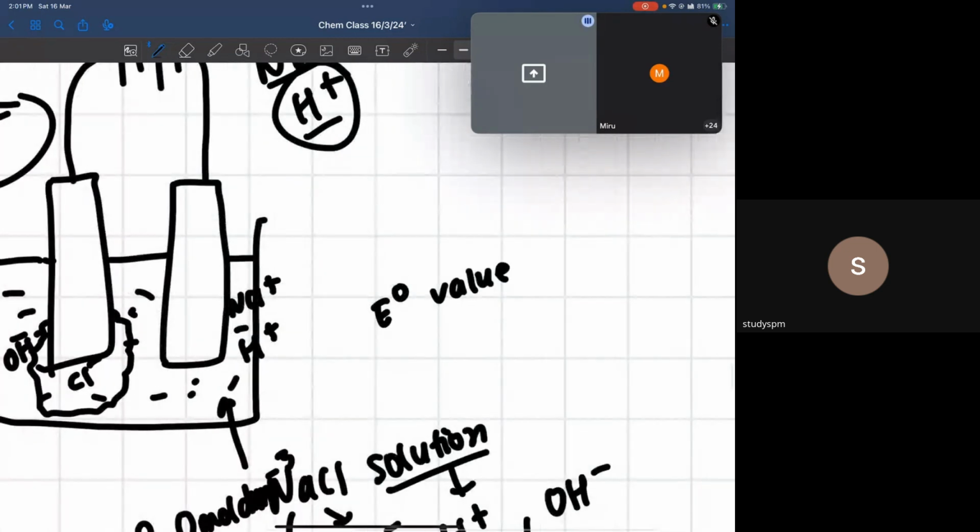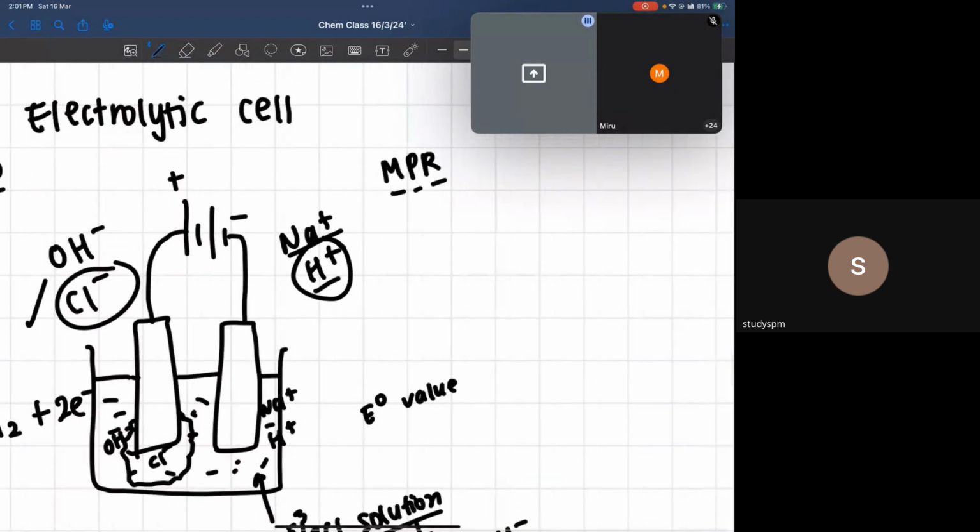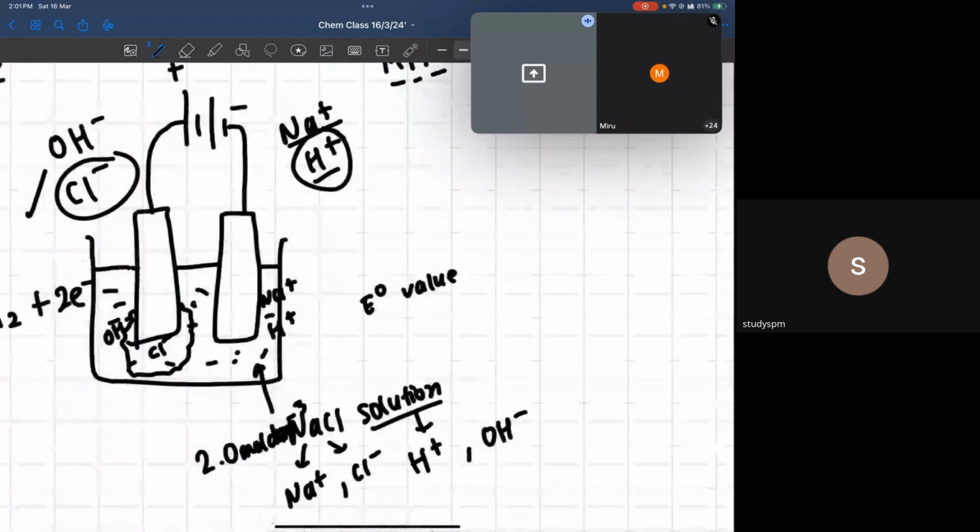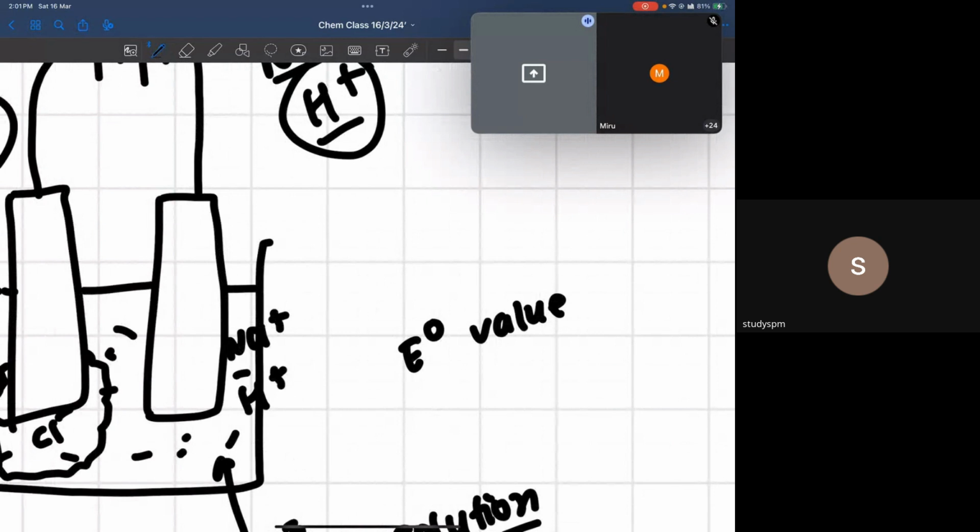And then this one is the E value, MPR, more positive reduction. Hydrogen gas is colorless, right? So you can see colorless gas bubbles here.